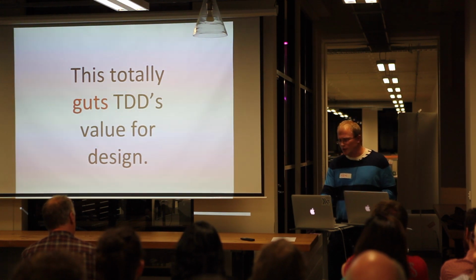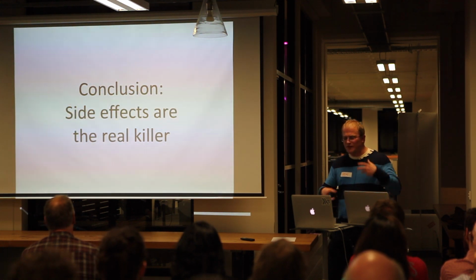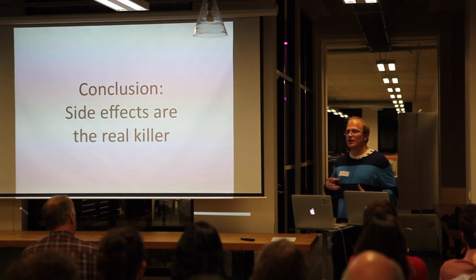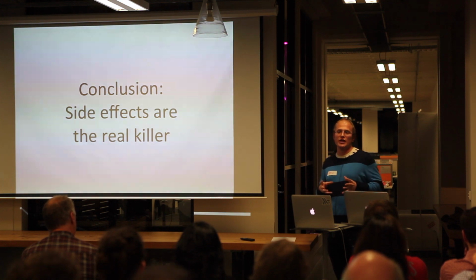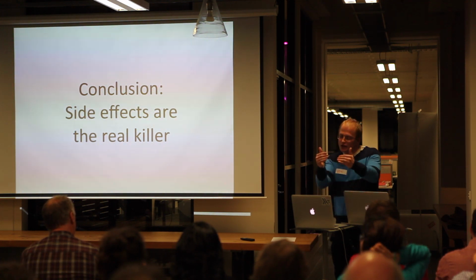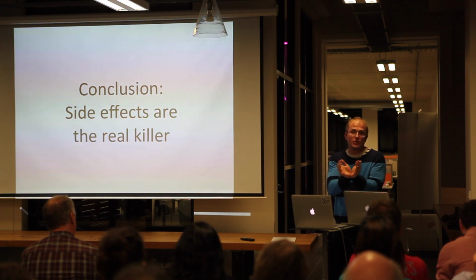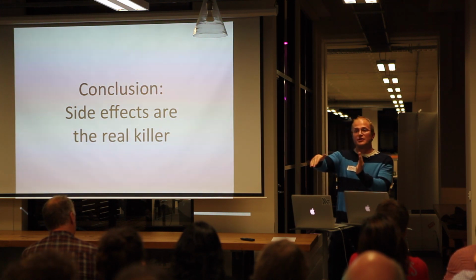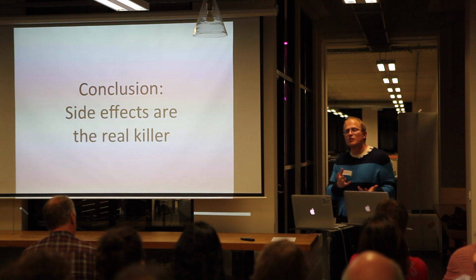So in conclusion, side effects are the real killer. The traditional model is you have collaborators, and you try and isolate your object or component by cutting off the other collaborators. And that's not a bad thing.